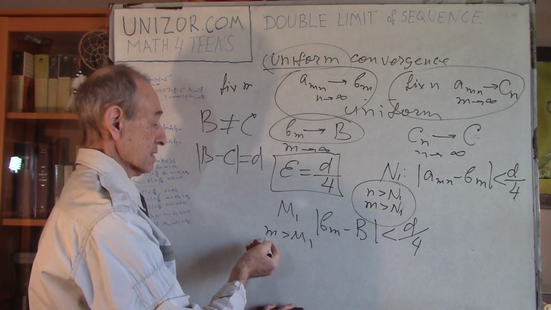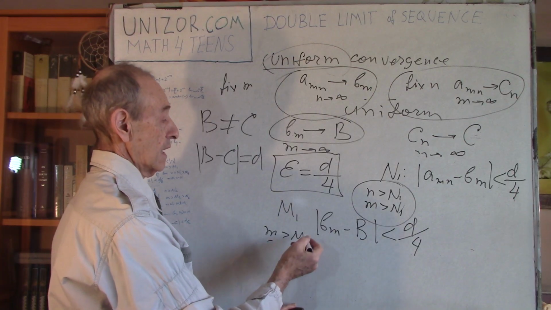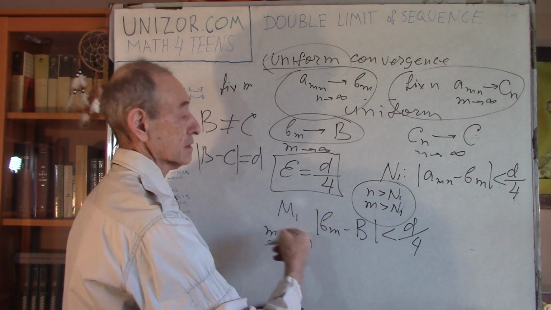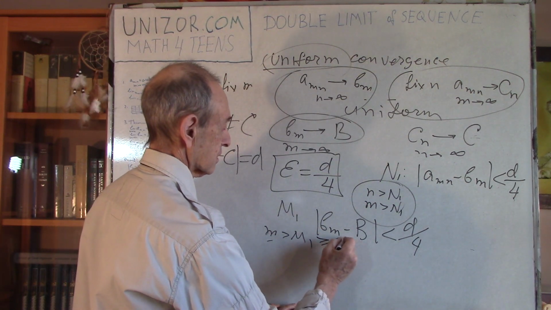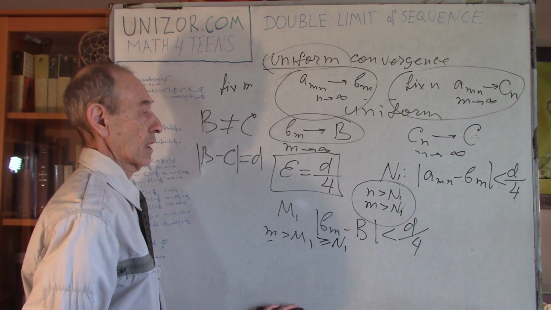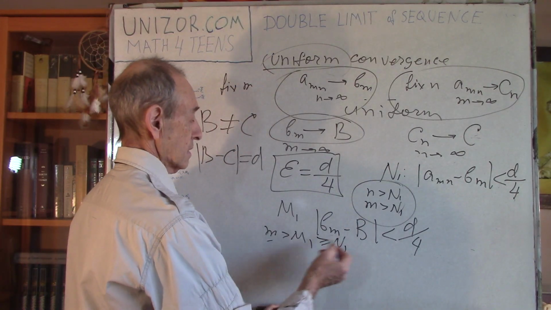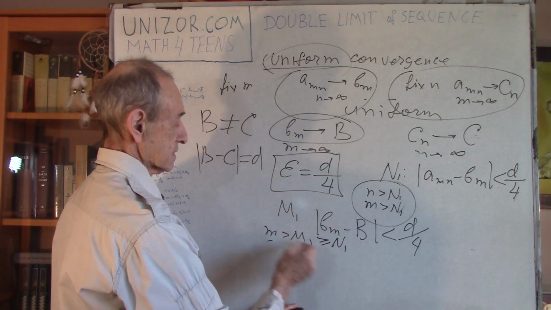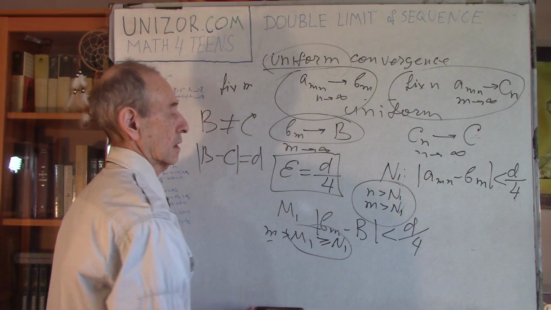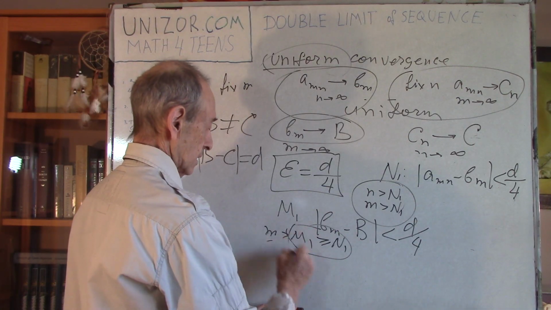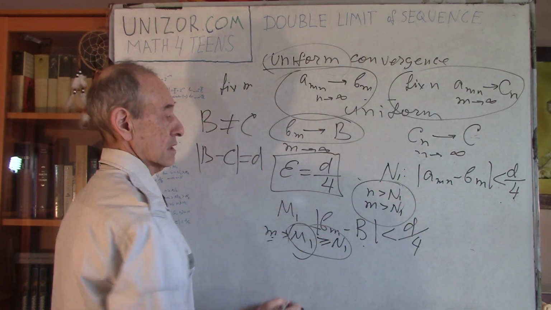I mean, we can, since it's for every m greater than m1. If m1 happens to be less than n1, then we will upgrade it to n1. So we are assuming that this is greater or equal to n1. It will be even better in this particular case, right? So if m1 is less than n1, instead of m1 we will put n1. So whatever the number is, let's call it m1. Both this and this are true.